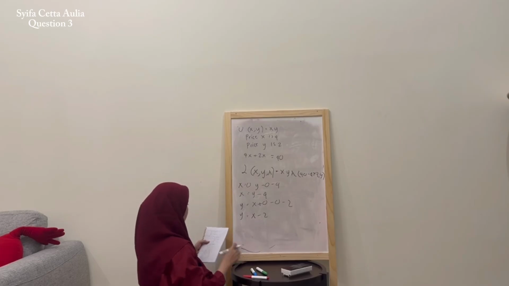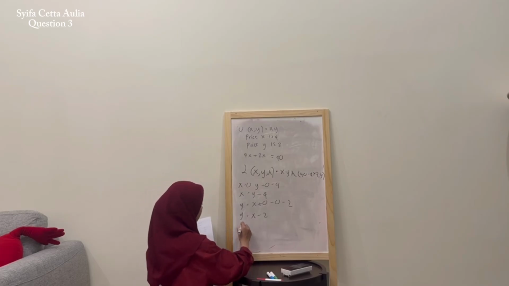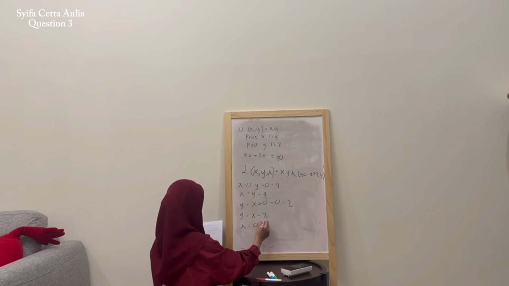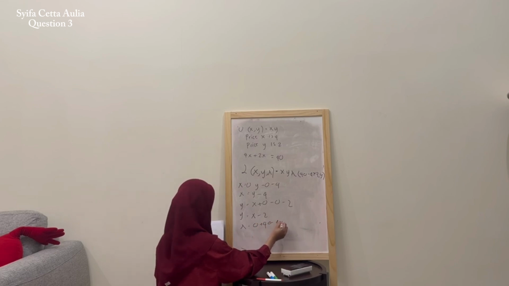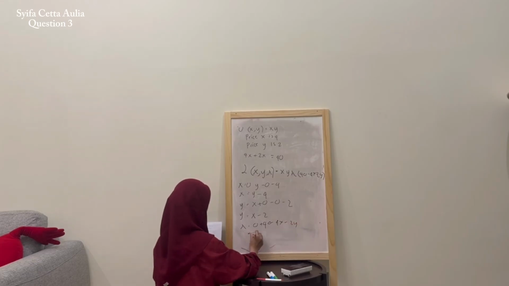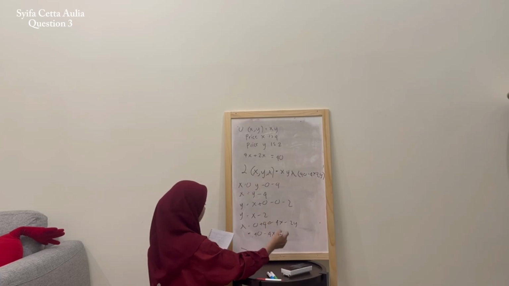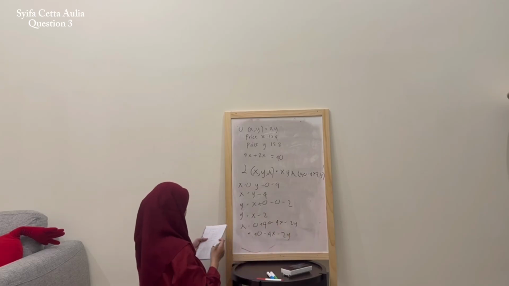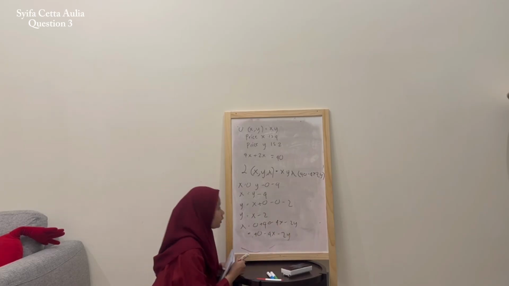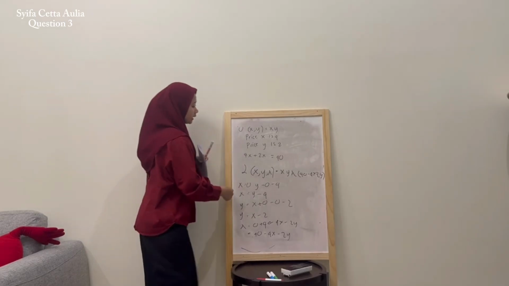Then with respect to lambda, it is 40 minus 4x minus 2y. So the first derivative with respect to lambda is 40 minus 4x minus 2y. Then after we know the first derivatives, we set them equal to 0.